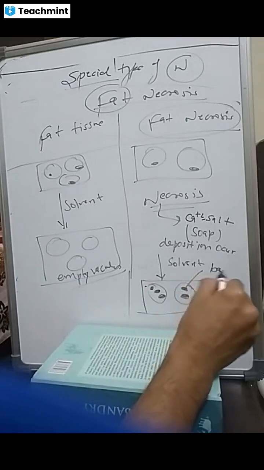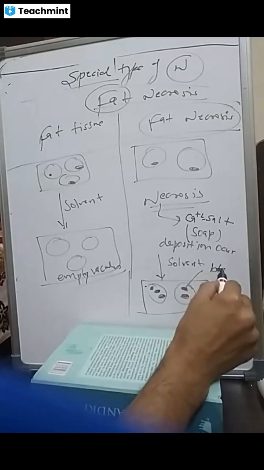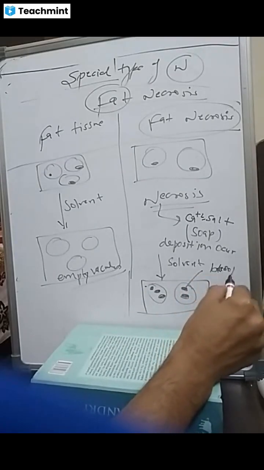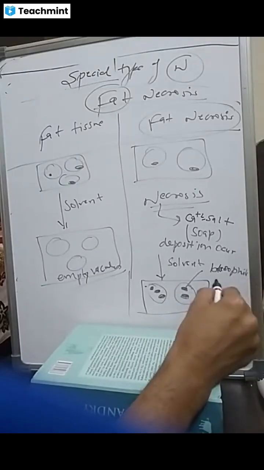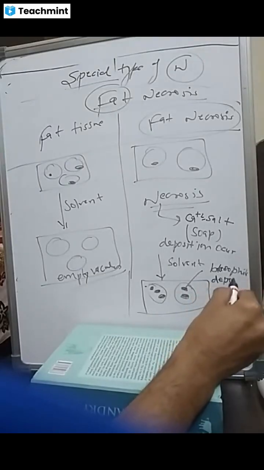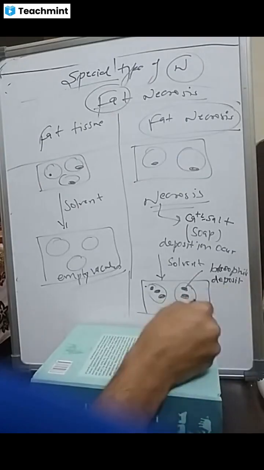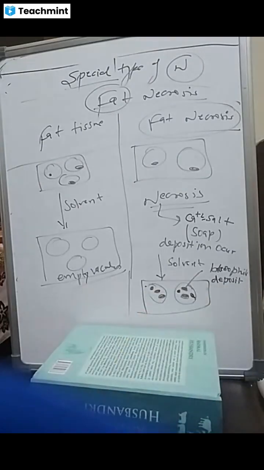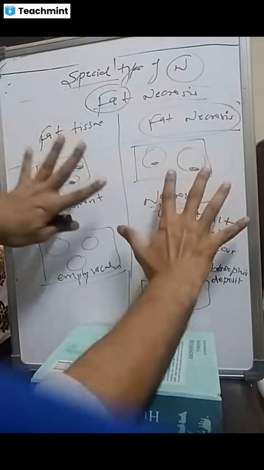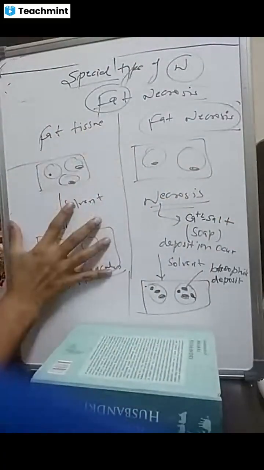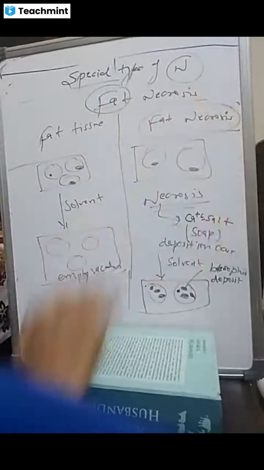These are basophilic deposits inside the cell. So this is the difference between normal adipocyte and fat necrosis.